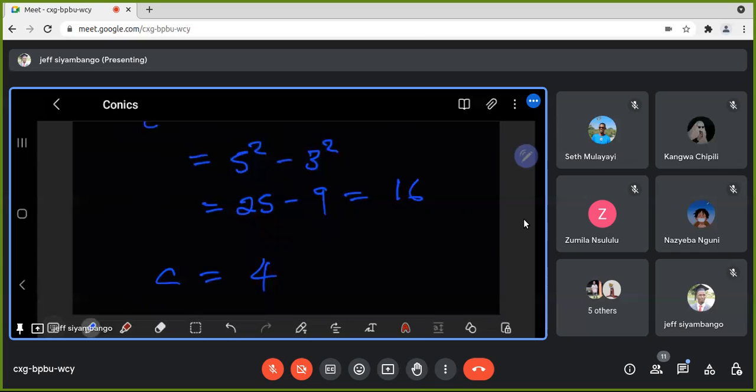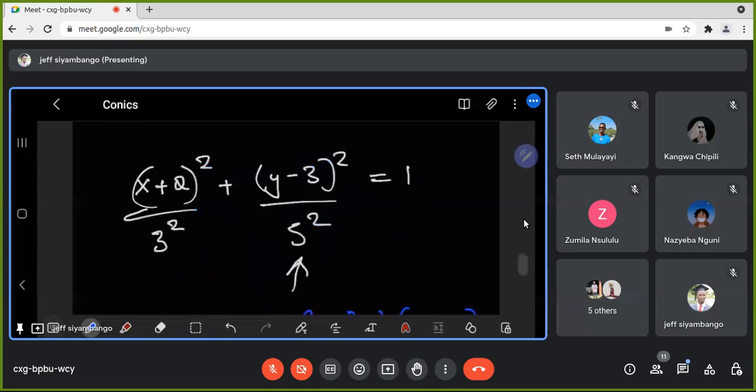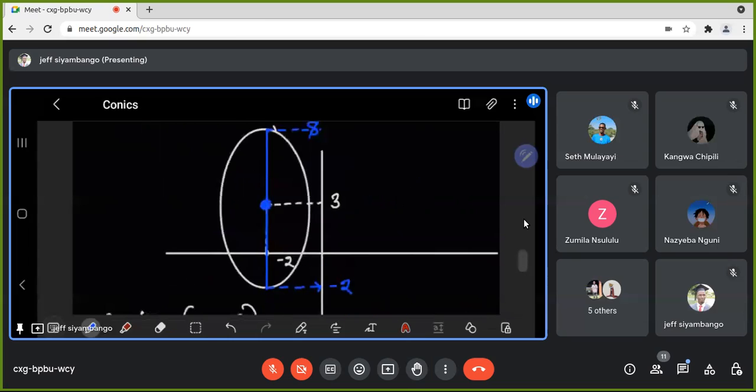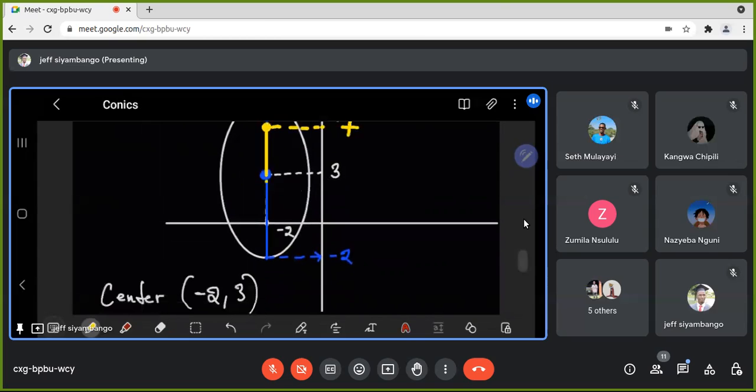What does that mean? It means that to find the focus, we have to move 4 units from the center. So from the center, we move 4 units up. We find the first focus. Since it's 4 units from 3, the reading here has to be 7. And then 4 units down as well.